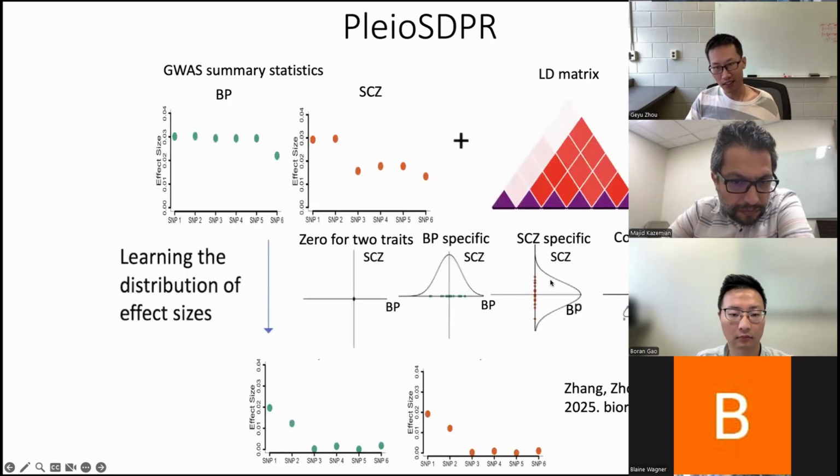And we can similarly apply this kind of model by taking the data sets from the two traits to estimate the correlation, and one LD matrix, in combination with our two-dimensional Dirichlet process prior assumptions, and fit such a model to output the effects.